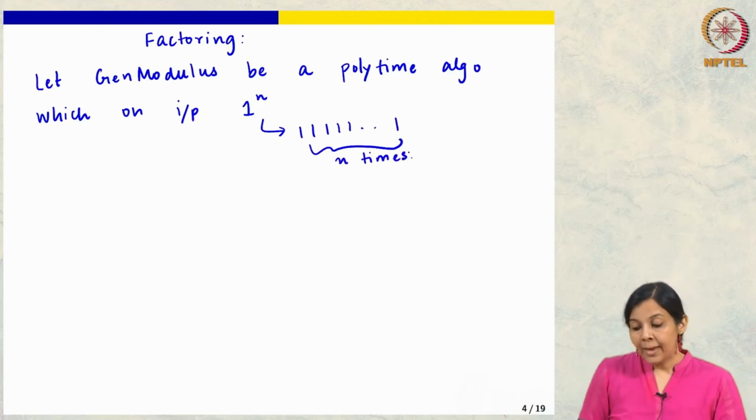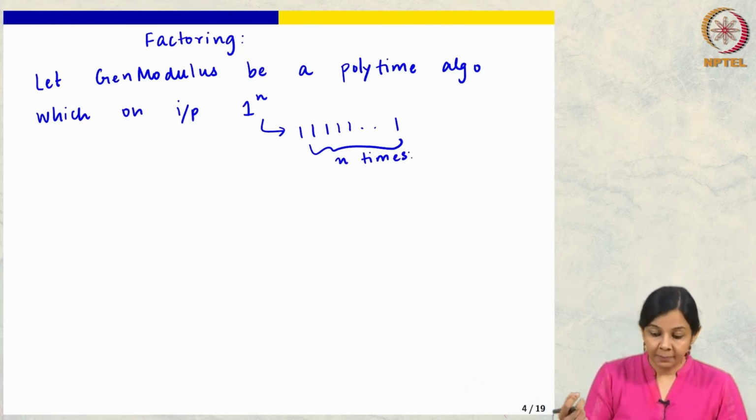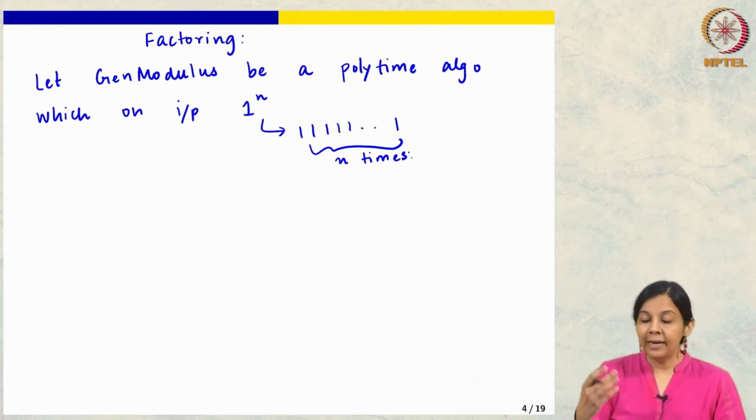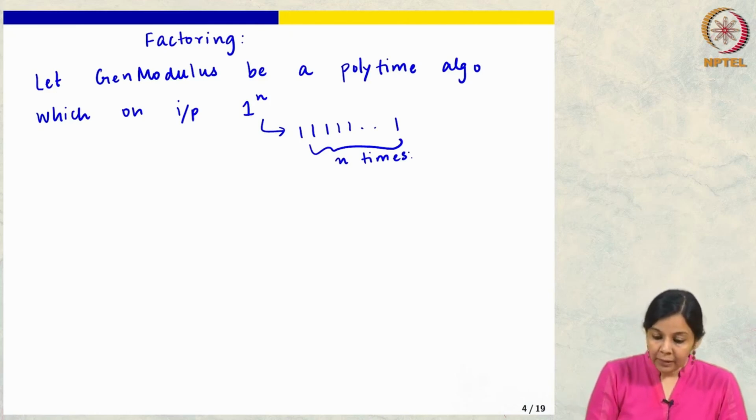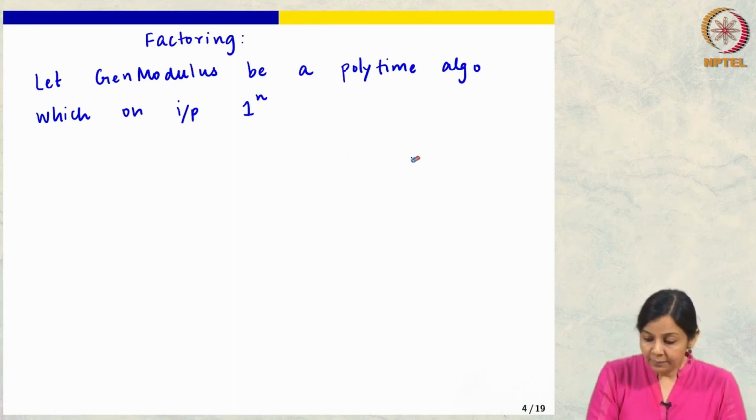And we will see why this is important. Basically I want the algorithm to run in time polynomial in n. So, I want my parameter to be n. If I represent this n in binary, the size will become log n. So, that is why I am representing it in unary.